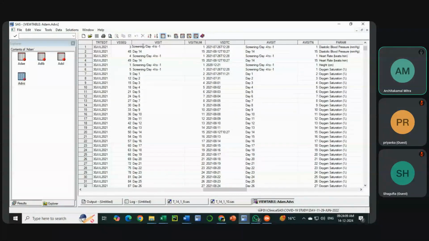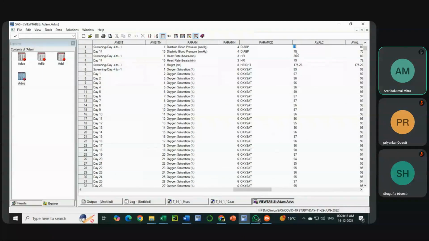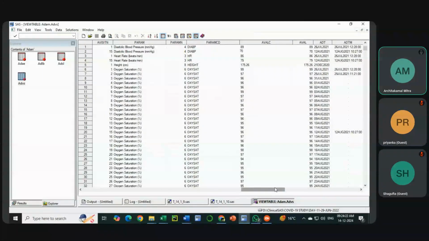First visit and last visit probably. So 2 values were taken. What are those 2 values? One is 89 and one is 70. Clear? For the first day 89, and the second day his blood pressure was measured as 70.